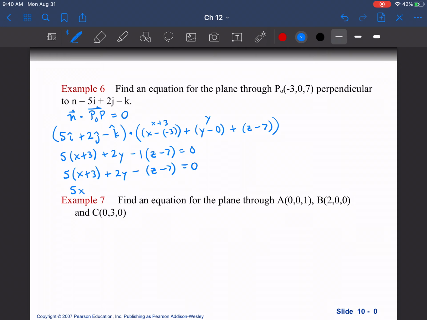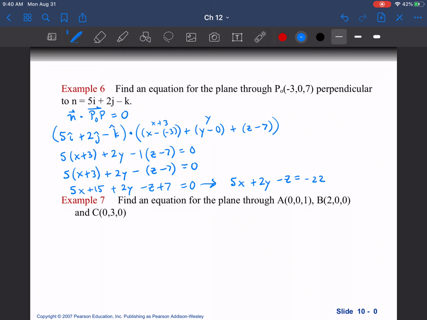This will be 5x plus 15 plus 2y minus z plus 7 equals 0. And then you can move all the constants to one side and have 5x plus 2y minus z equals, and then we'll add our constants together. This is plus 15 plus 7, so that's plus 22, so it's a minus 22 on the other side.